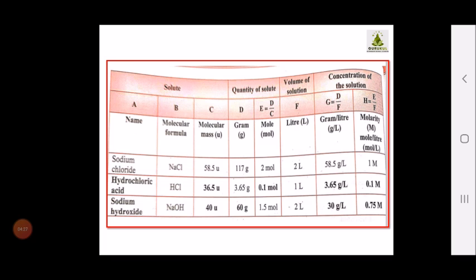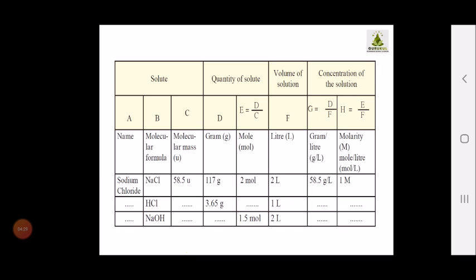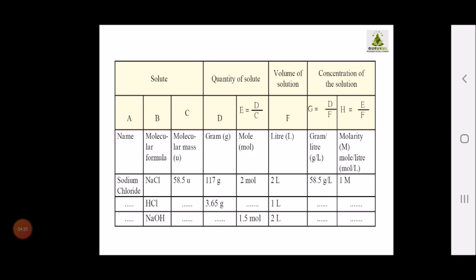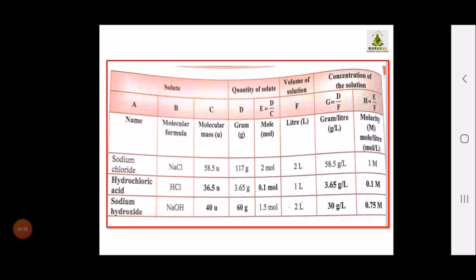Then the next is NaOH, sodium hydroxide. The molecular mass of NaOH is not given, but we are aware it is 40 units. So 40, and how many grams of it is there? It is 60. So if you divide 60 by 40, you will get the answer 1.5 mole.